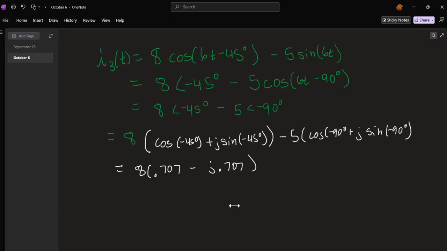But the problem actually asked us to get lowercase ic of t, so we need to turn this back into the time domain. So 0.0094 is 9.4 milliamps cosine, and you'll have the same angular frequency, which was 2 pi times 10 to the 4th t, and then plus 21.5 degrees, milliamps.